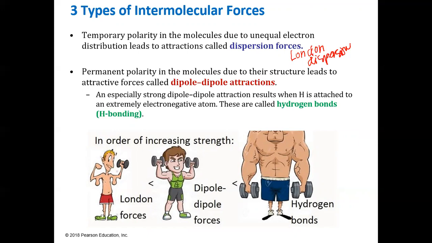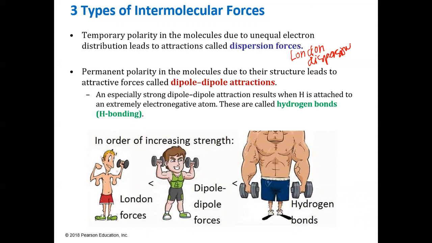This is just an especially strong dipole-dipole attraction that happens when hydrogen is attached to an extremely electronegative atom, such as oxygen. Okay, so they're the strongest. So for example, water.